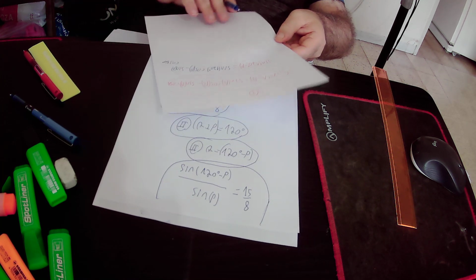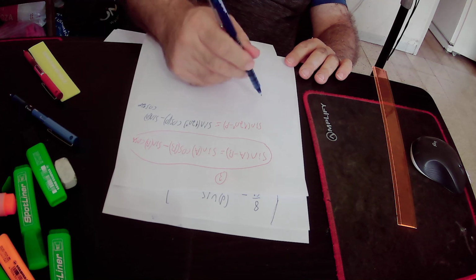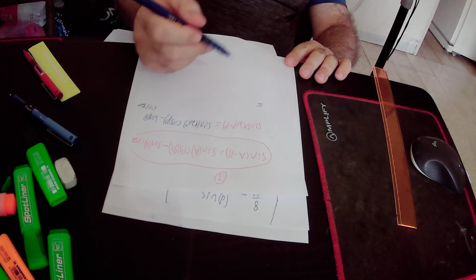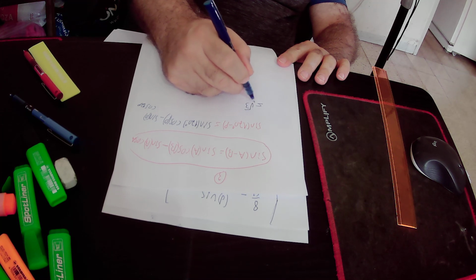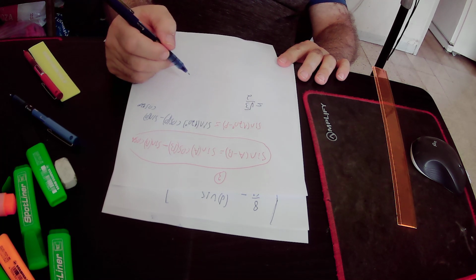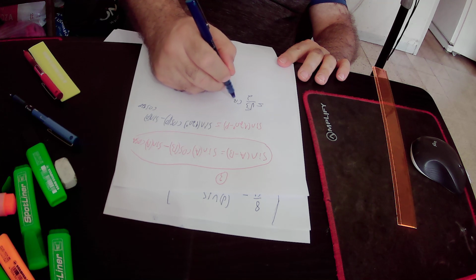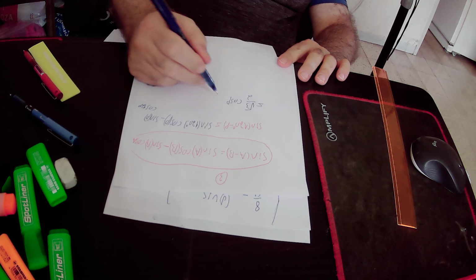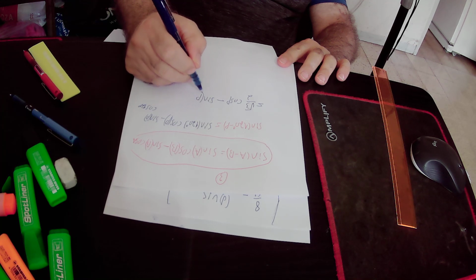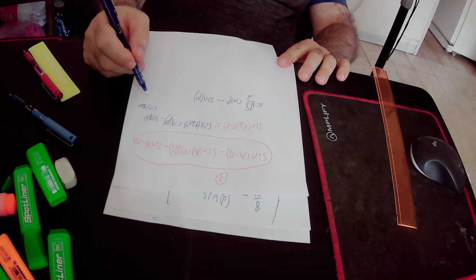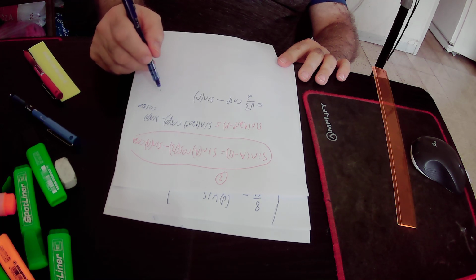Okay, so it is actually equal, sine 120 degrees is root 3 over 2 times cosine p minus sine p, and cosine 120 degrees is minus 1 over 2.